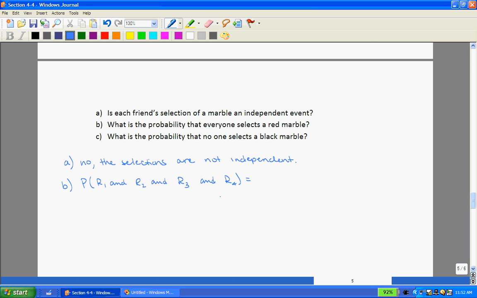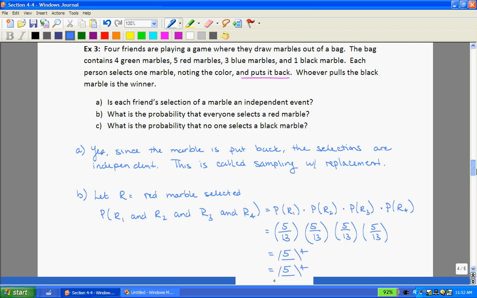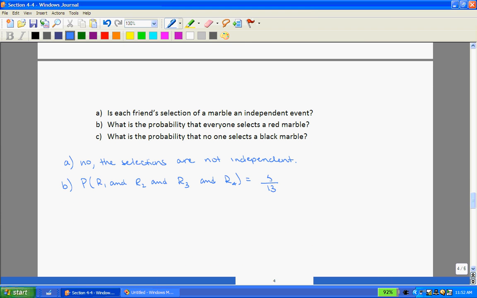But think about the probabilities. That first person has all the marbles to choose from. We know that there are 13 total, and if we go back to that pool, there are 5 red to choose from altogether for that first person. But with the second person, there's no longer 13 marbles to choose from. How many are there now?